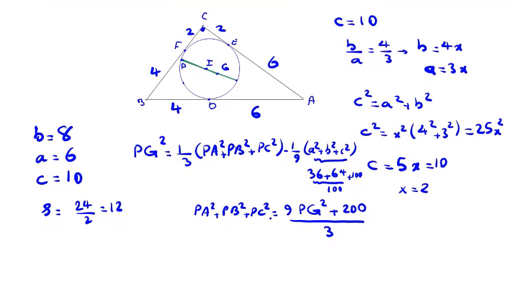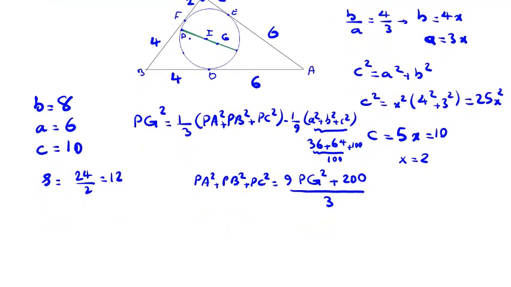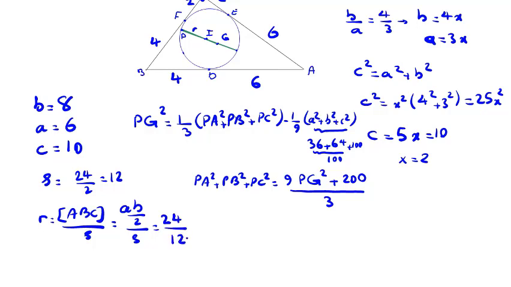Now, let's focus on PG. PI is r, and there is a formula: r is equal to the area of ABC over the semi-perimeter. The area here is A times B over 2, over S. So AB over 2 is 3 times 8, 24, over 12.